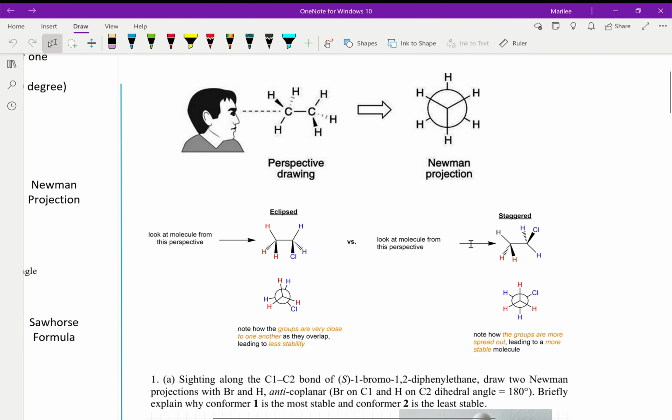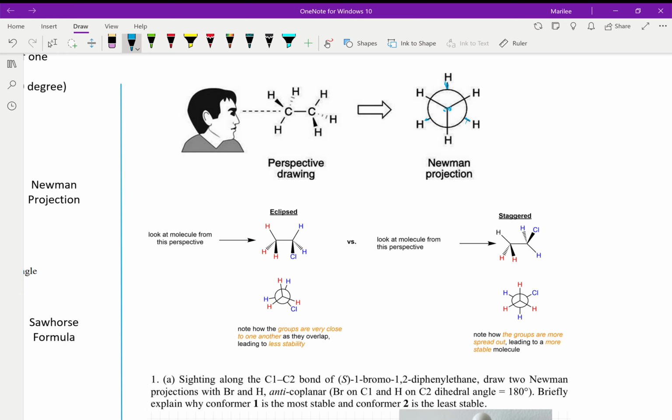To go into deeper information on that, what we do is we view from the first carbon, and then the second carbon is towards the back. So when you see here the circle, and then here is our first carbon. Behind that, you guys see how these edges are short lines?